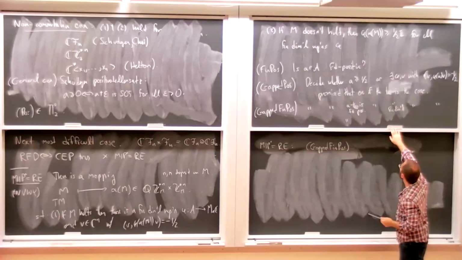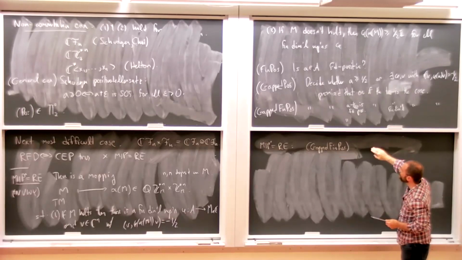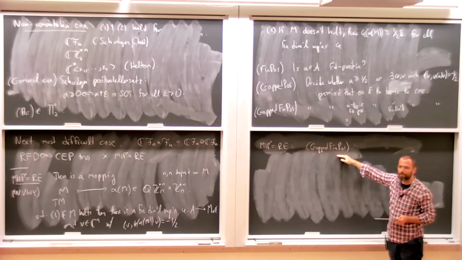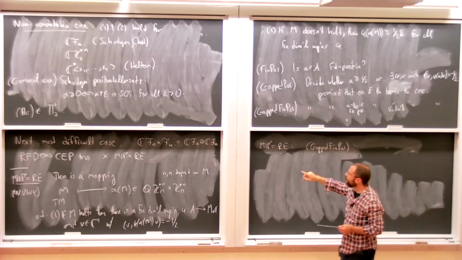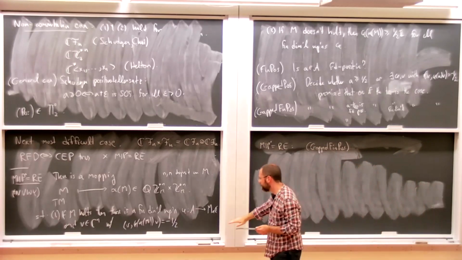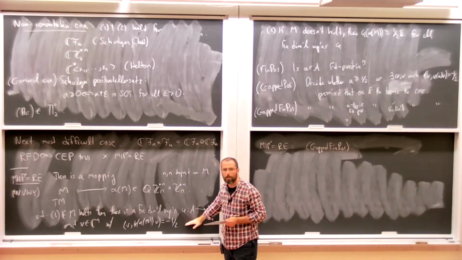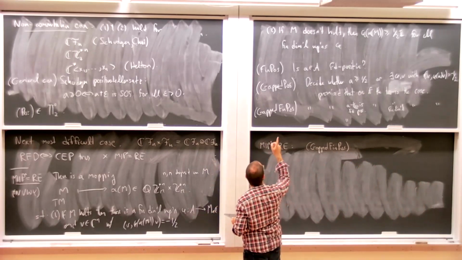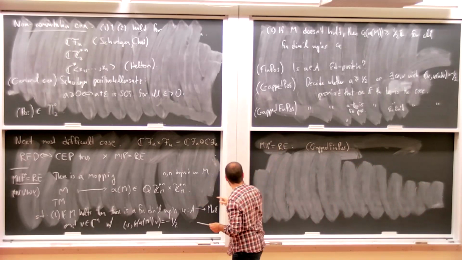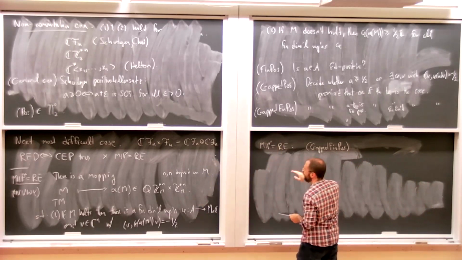So what can we do? Oh, excuse me. I said that this contains RE, but that's backwards, right? So it contains co-RE, because here the halting case is when we're not positive. So this is saying we have a mapping from Turing machines to alpha M's.